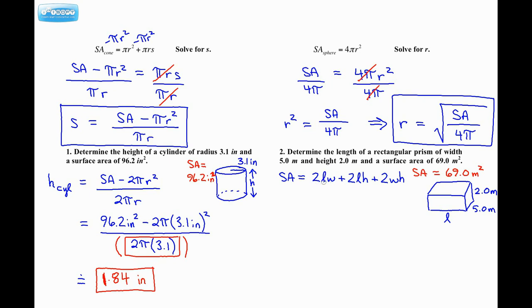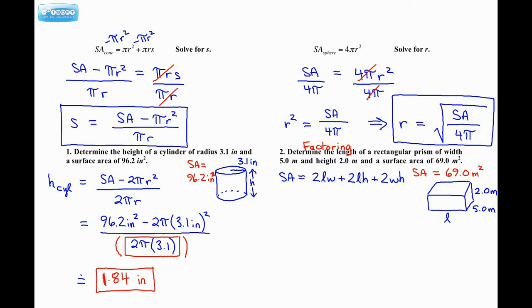And from basic algebra, you should recognize that these 2 terms are not like terms, because one of them contains a W, one of them contains an H. Now there is a way to rearrange this formula and get L by itself, but unfortunately that involves a process that is called factoring. That's what we would have to do. But unfortunately, that technique hasn't been covered in this course yet. So we're going to do it a different way.